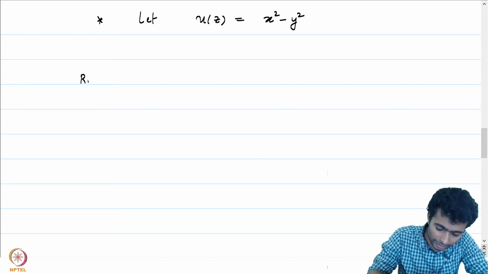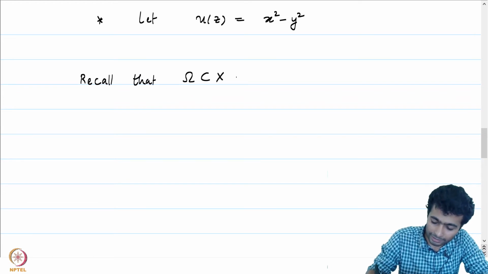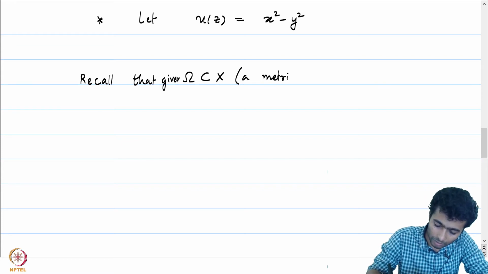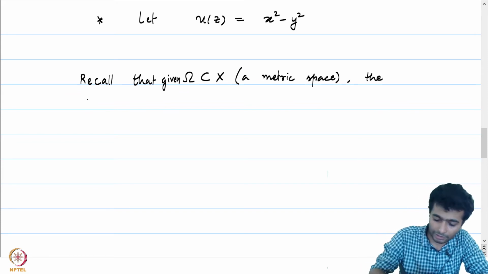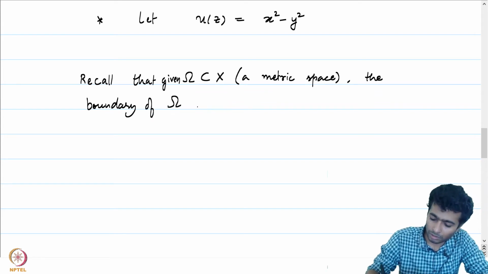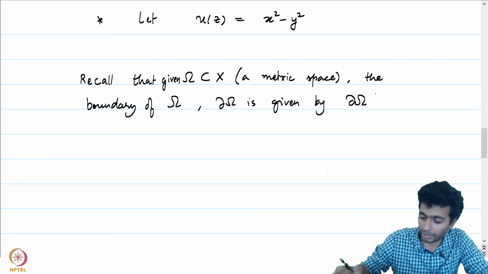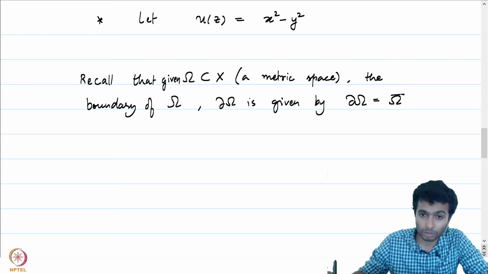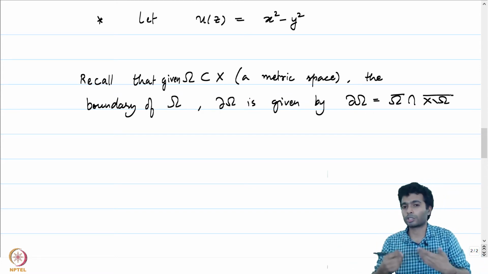So recall that given omega contained in X, a metric space, the boundary of omega, dou omega, is equal to omega bar, the closure of omega, intersected with the closure of the complement X minus omega.